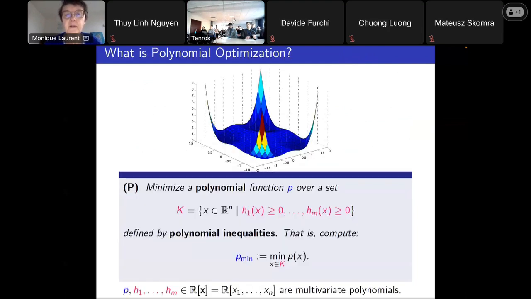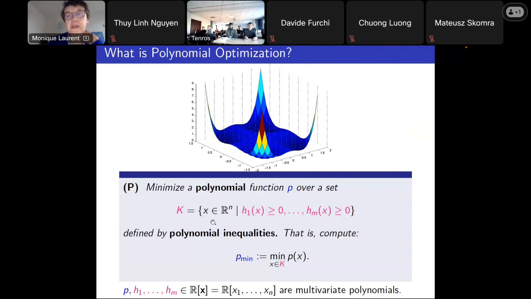So here is the setting. We have a polynomial function p, which we want to minimize over a set K, the feasible region. And the constraint is that this set K is defined by polynomial inequalities, which I denote here by h1 at least 0 up to hm at least 0, where h1 to hm are polynomials.